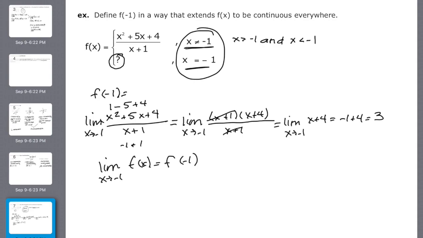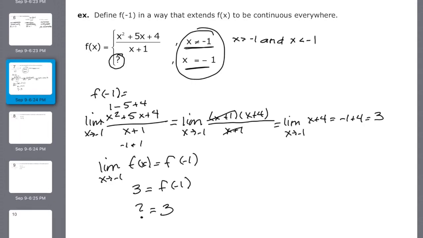Well, I know the value of my limit is equal to 3. So this must be equal to f of negative 1, which means my question mark from above must equal 3. So using that definition of continuity, ooh, don't box that. Ignore that I did that. Didn't happen. Definitely using that definition of continuity can even help me answer a question like this.